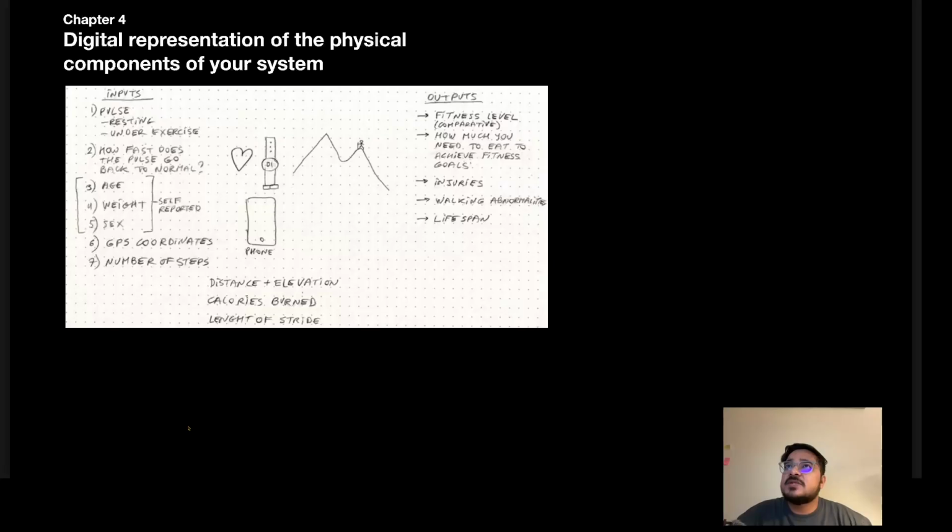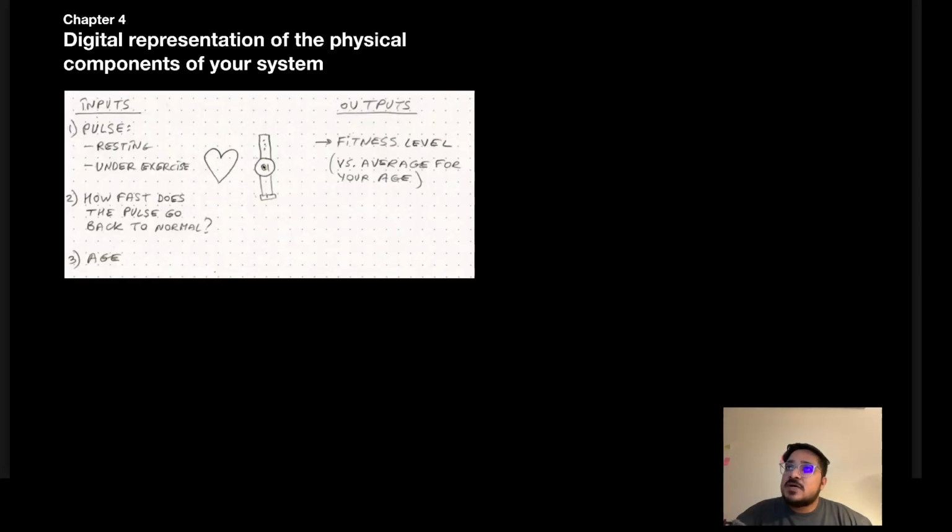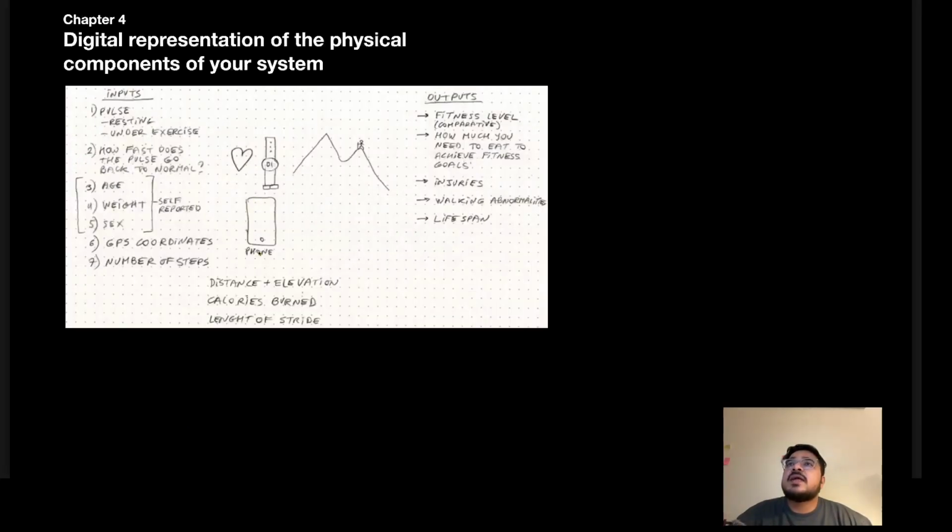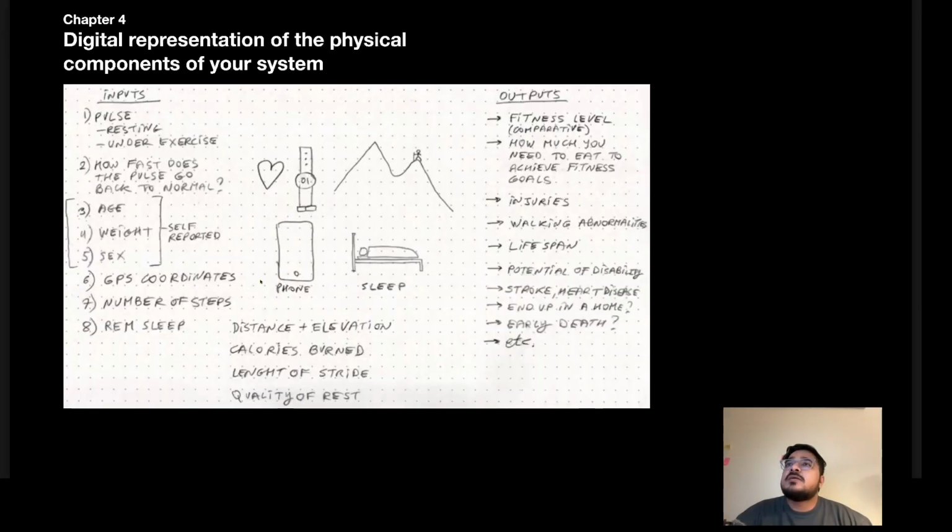So if you see the first image, it was just a smartwatch. Now in the second one you are adding a phone, and the phone can collect all this data from yourself. Then you are adding one more complexity, okay? So what is it? Now you are also tracking the sleep time. If you wear your watch overnight and you share your data, like this is the REM sleep.